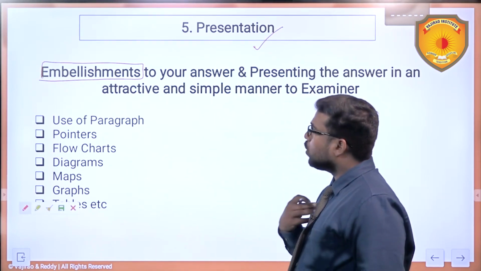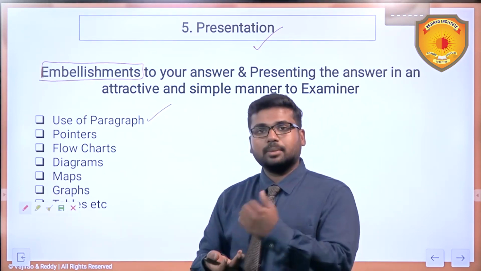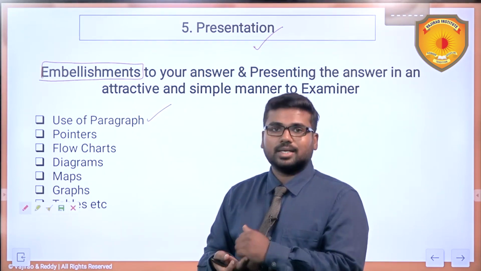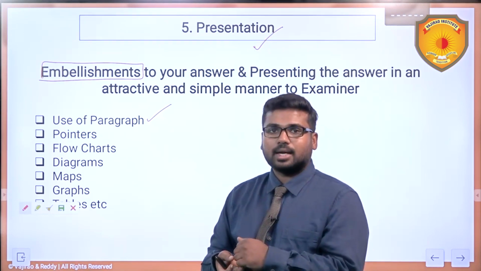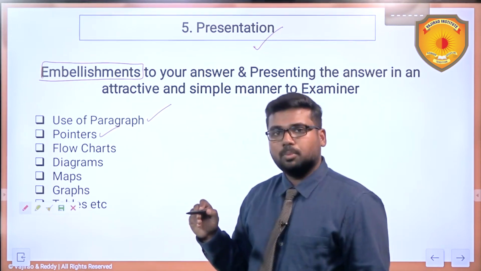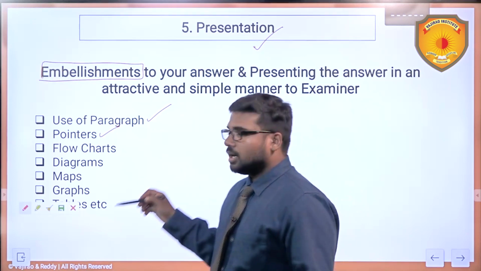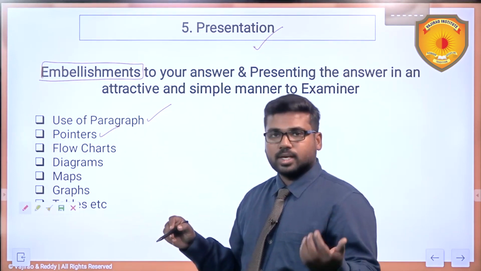Under this, we can use paragraphs. You can define and conclude in paragraphs, or put some data or write some points in paragraphs in the body. You can also use pointers or bullets like numbers 1, 2, 3, and so on, or Roman numerals or A, B, C, whatever it is.